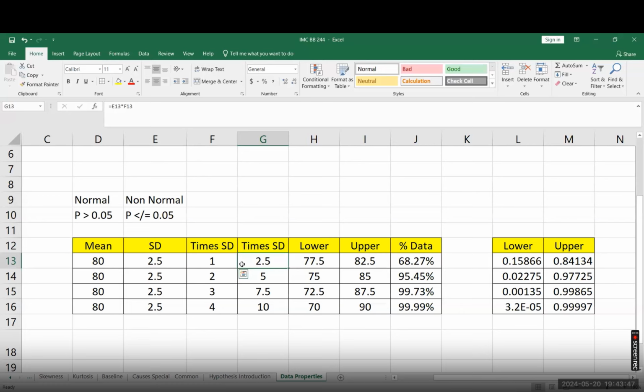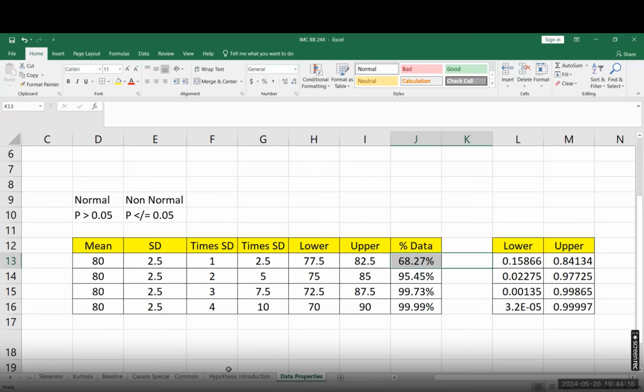Sir. And from the mean value, lower side will be minus 2.5. 80 minus 2.5 is 77.5. And 80 plus 2.5 is 82.5. Between the lower and upper range, 68.27% data should fit to call this a normally distributed data. Yes, sir.